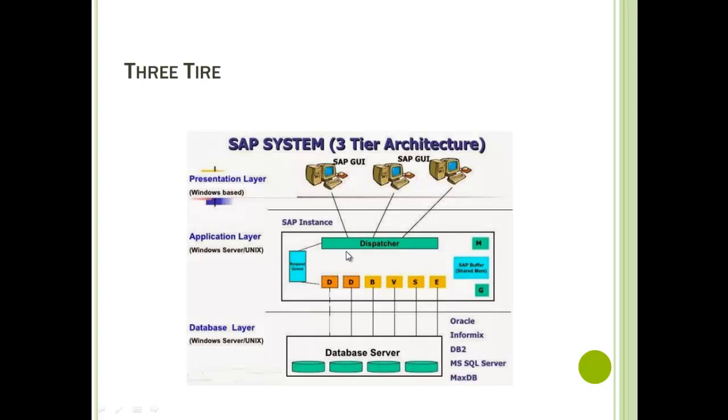Then the dispatcher will put this request into the request queue, and it will allocate each work process. D means dialog, B means background, then update work process, and enqueue work process. We will see each one in detail, but a work process means a collection of resources which can process your request.